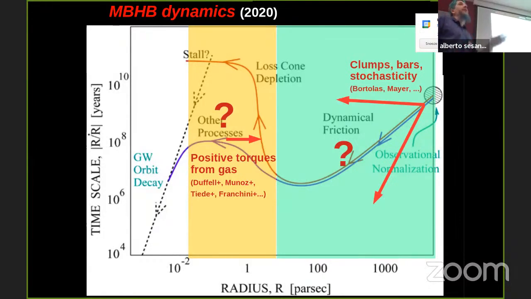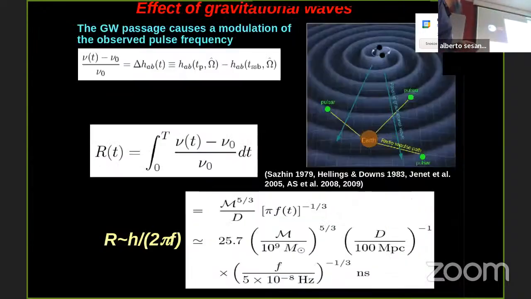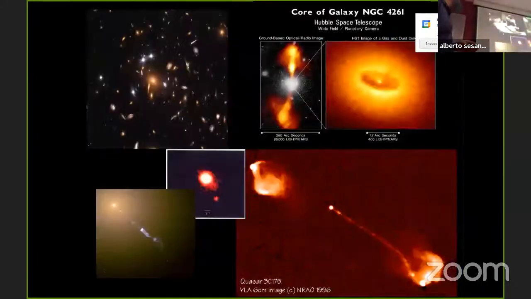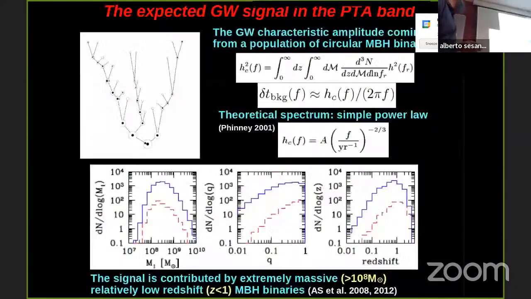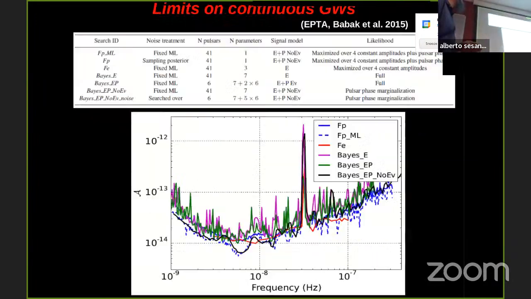If you're referring to the motion of the Earth around the Sun and the nutation period of half a year, we know that we don't have much sensitivity at those frequencies. And in fact, if you look at this plot, at the single source limits, this is the rotation period of the Earth.